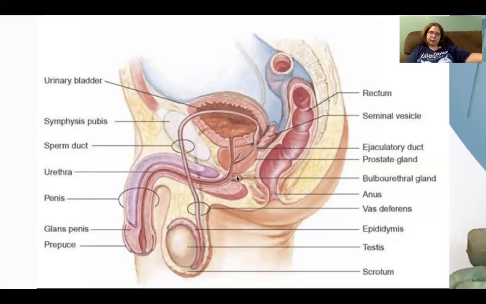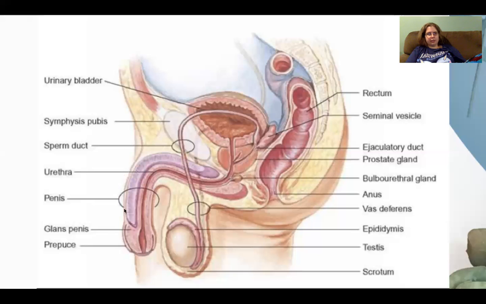Now here's the little tiny bulbourethral gland, the Cowper's gland. This has already sent its neutralizing fluid through. So by the time the sperm makes it to the urethra, we don't have to worry about any leftover acidic urine. So it goes through the urethra and comes on out through the penis.